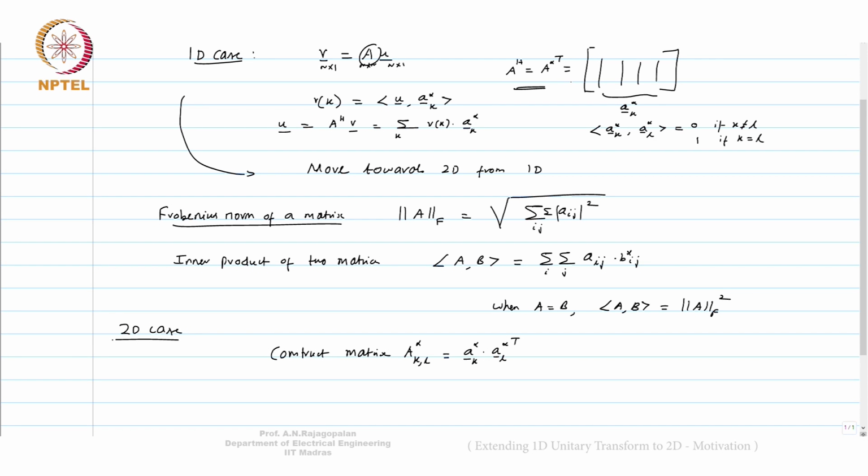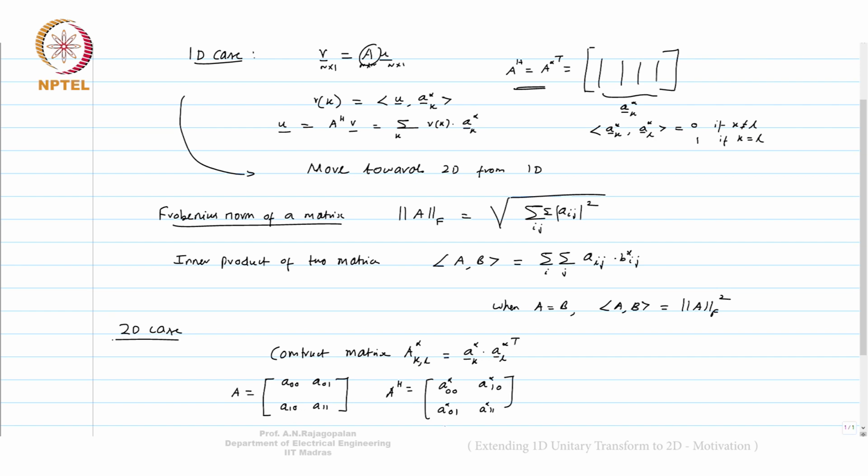Now, in order to make this point clearer, we'll take a small example. Even 3 cross 3 will be slightly messy, so just take a 2 cross 2. Let's call this A00, A01, A10, A11. Therefore A Hermitian becomes A star 00, A star 01, A star 10, A star 11.